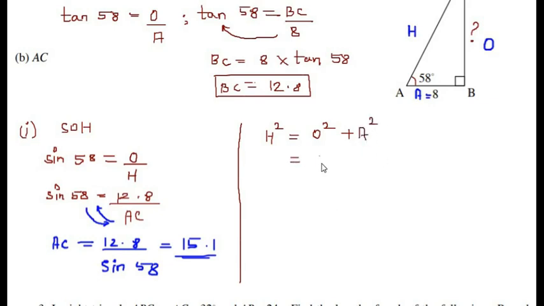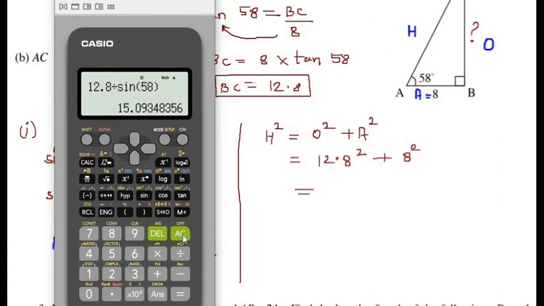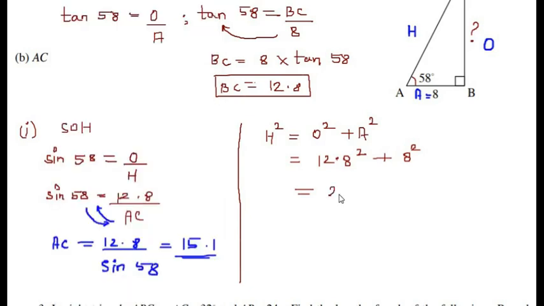So opposite, we have it as 12.8 squared, plus adjacent we have as 8 squared. Let us put it in the calculator and see how much we get. We have 12.8 squared plus 8 squared. So we have here 227.84.